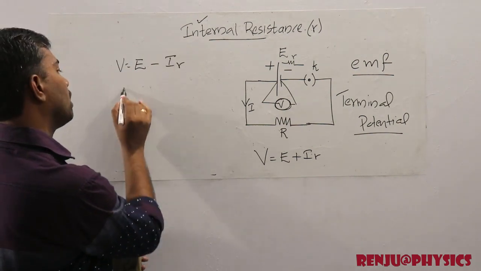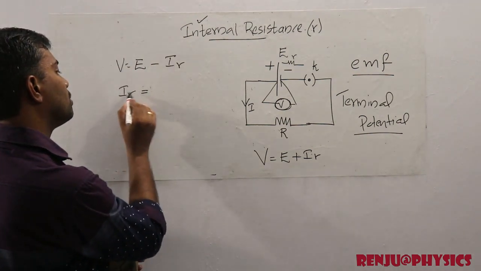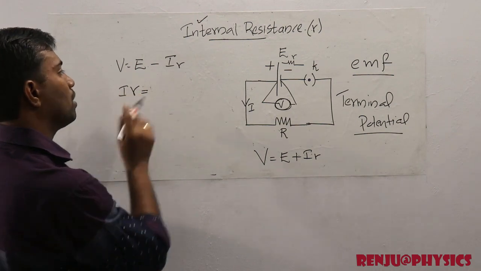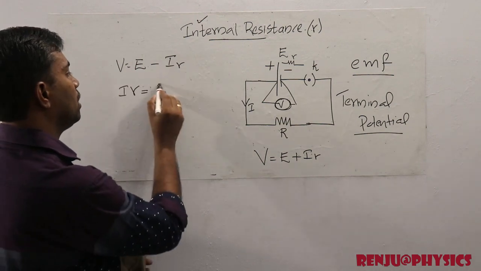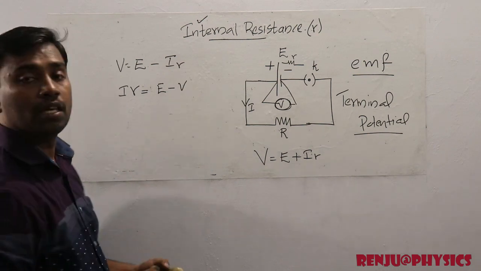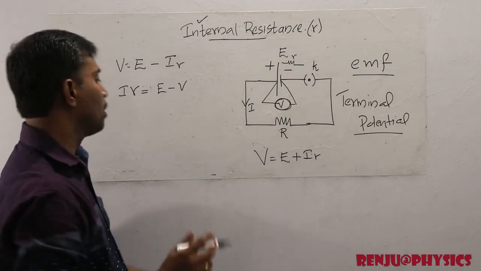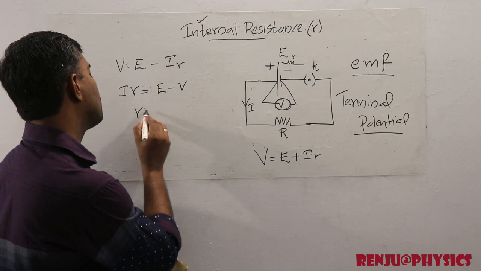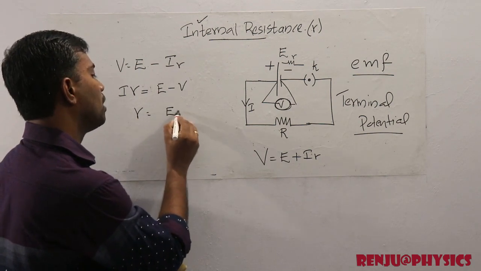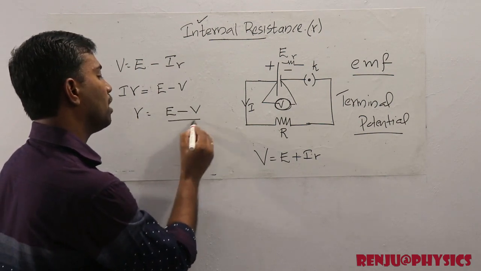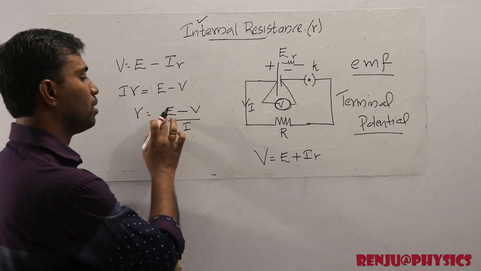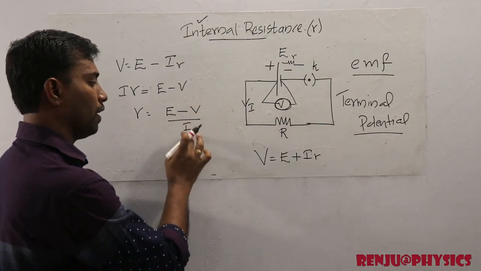So from this equation we can write Ir is equal to E minus V. So we can write r is equal to E minus V by I.